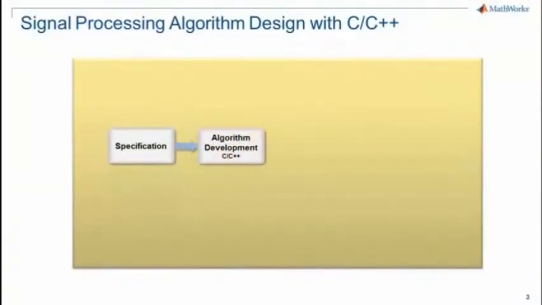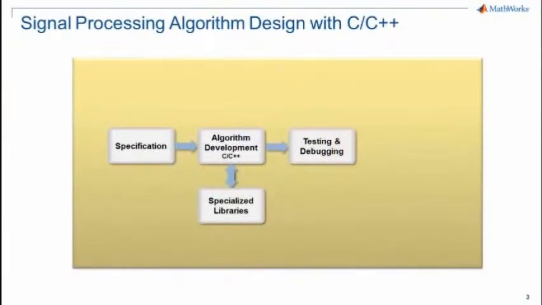Typically, we start with a specification, an idea of what we're going to develop. We then go into our development process within C and C++, and we may call on specialized library routines in C to help us. We may also develop library routines that we can reuse and reshare for different projects. As we develop our algorithms, of course, we need to test them and debug them and make sure that they're free of errors.